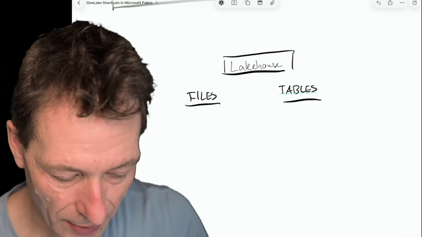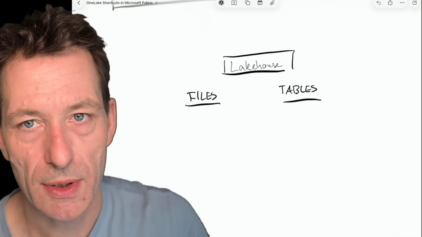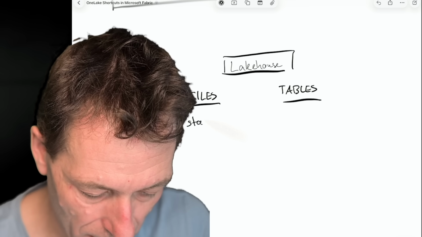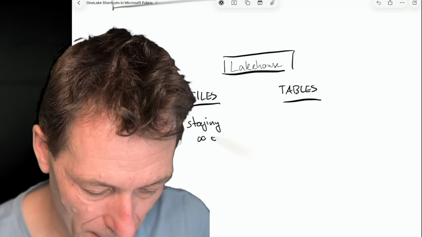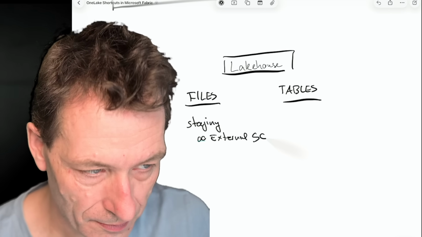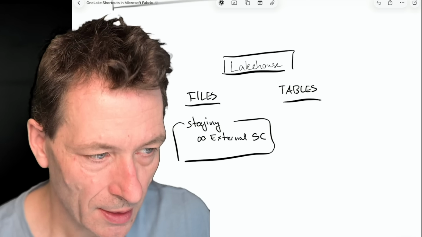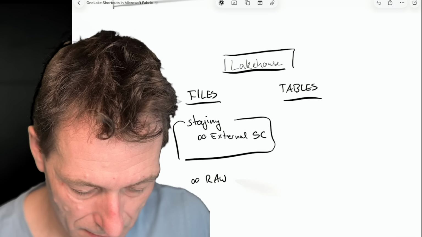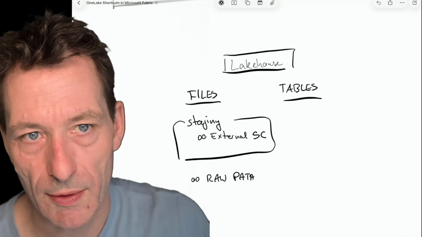Inside of this files folder, I can do more or less anything. So I could put subfolders here, for example, staging. I could link then external stuff here. Shortcut. I could, so there's like a subfolder here. I can link raw data. It's like a file system for me, very simple.